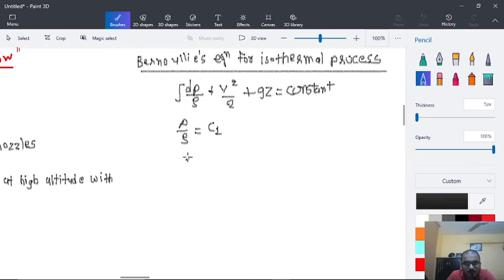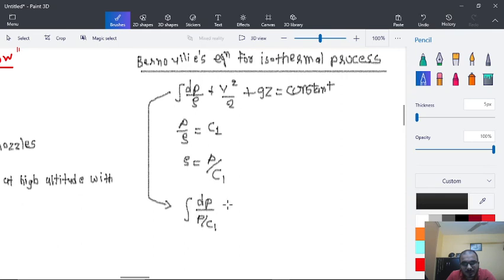So here instead of rho we can write C1 upon P. Sorry, here it will be P upon C1. So we can put it over here. So integration dP by (P by C1) plus V square by 2 plus Gz is equal to constant.